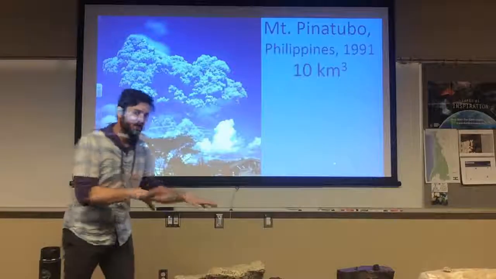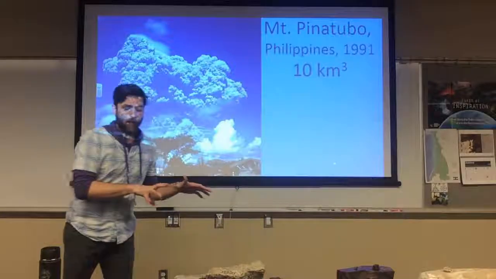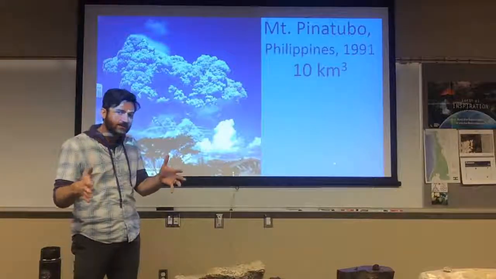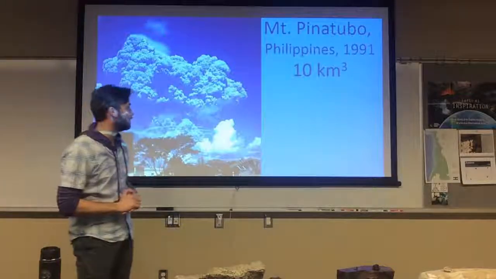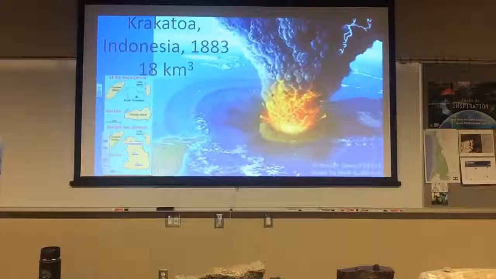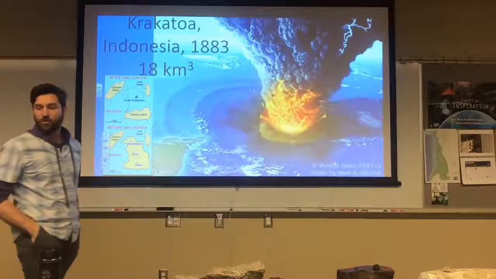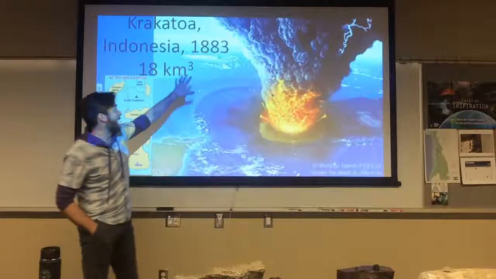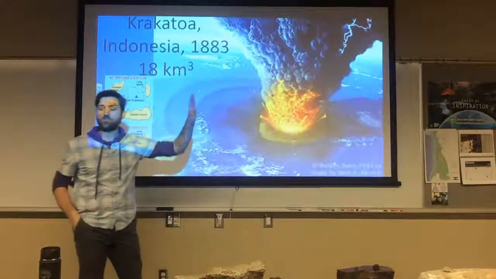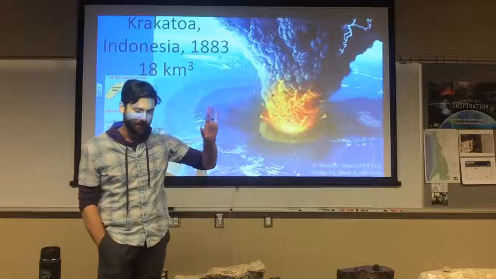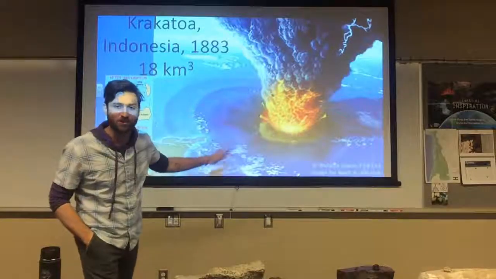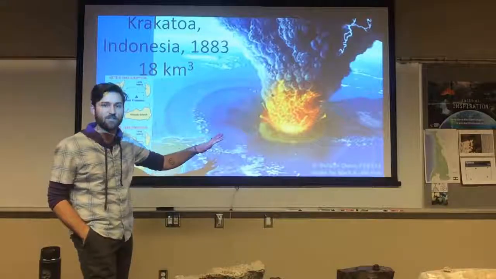Now let's look at a few more ancient eruptions, or not quite in our lived history, so your grandparents aren't going to remember this one, but a larger volcano, Krakatoa in Indonesia in 1883. This is also known as the volcano that blew up its own island, that blew itself to smithereens.